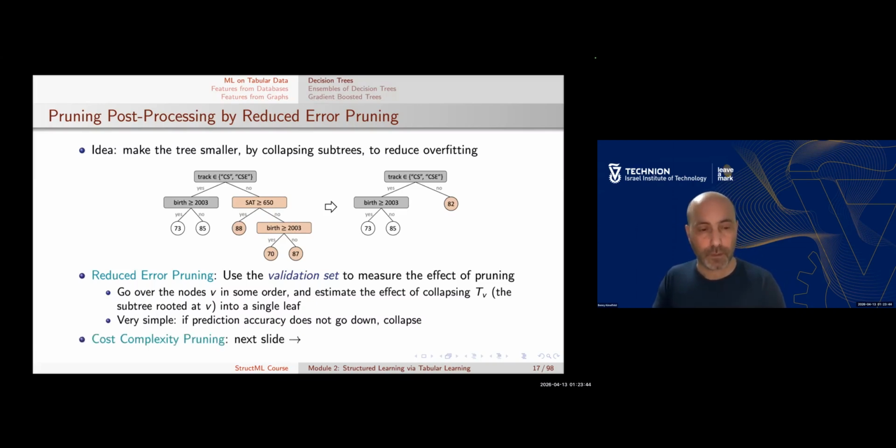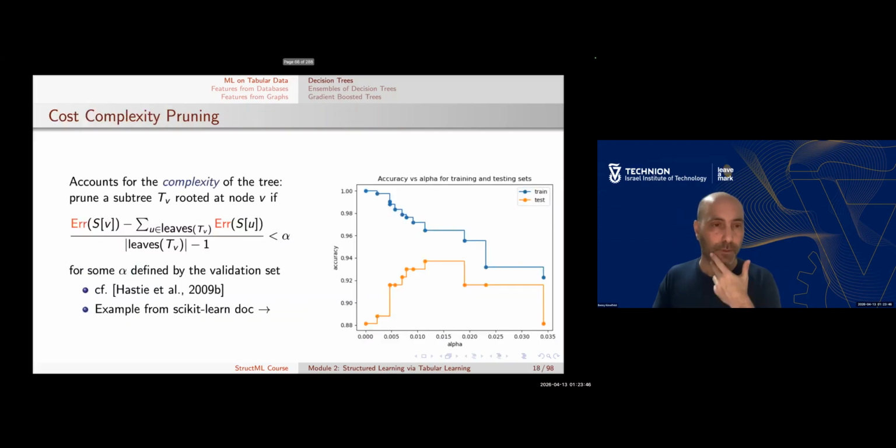Here's another example: cost complexity pruning. So here you're basically saying, well, let's look at our tree. Again, a general perspective. Now we take a node V and we ask, what is the error of using a single decision for SV minus what I'm actually getting by looking at all of the leaves under it?